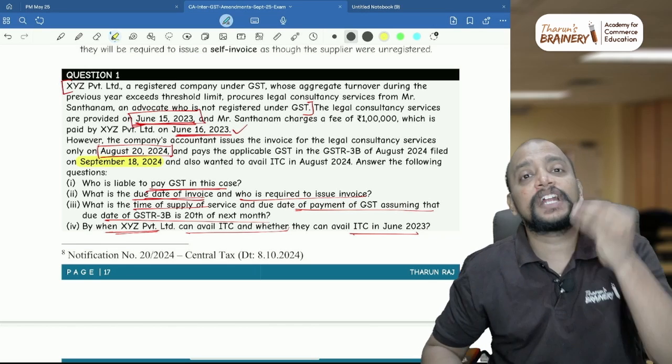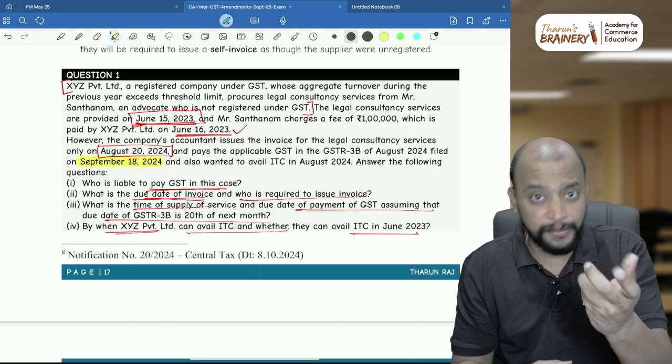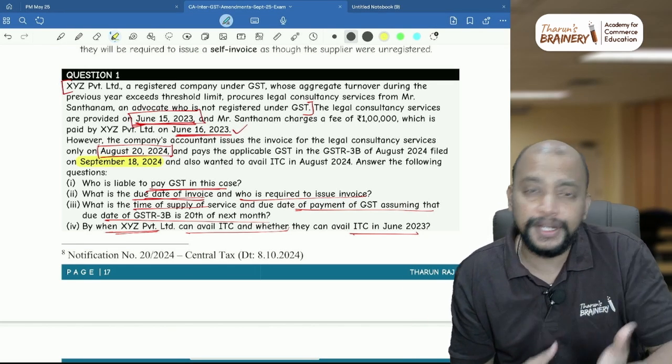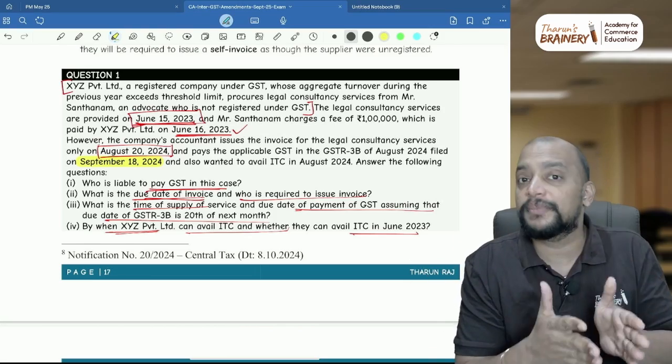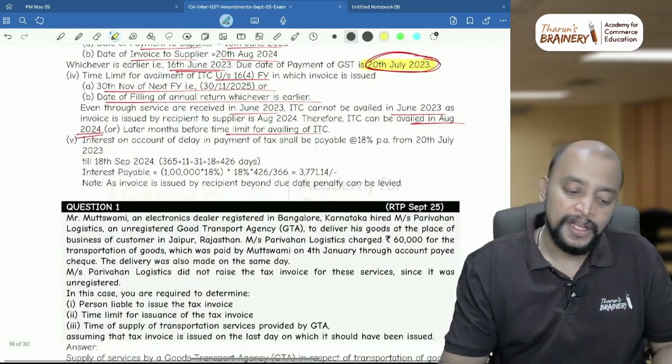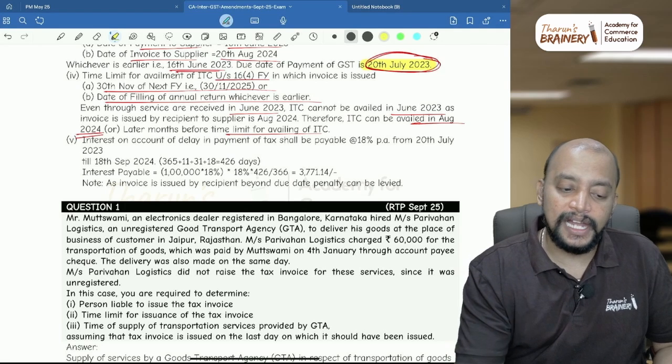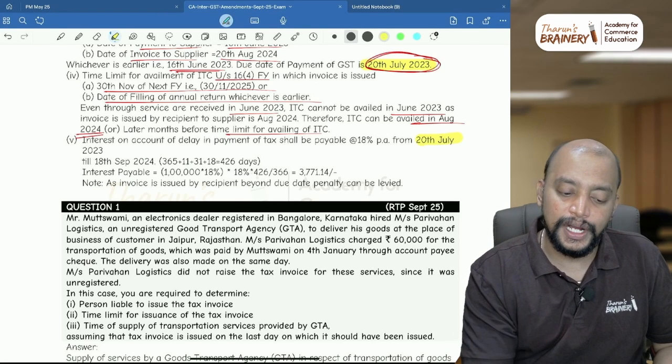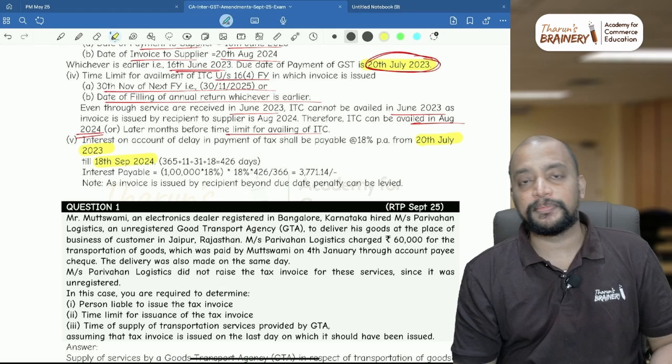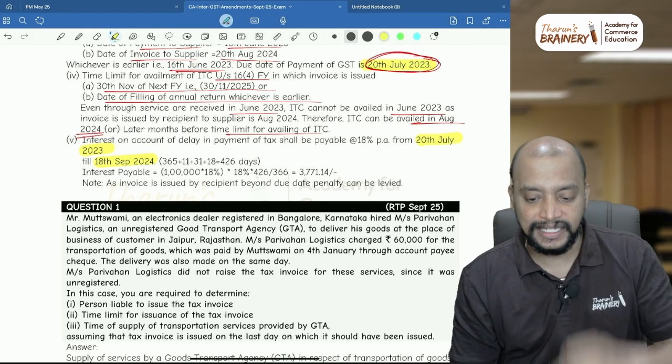Due date of payment of tax is 20th July 2023. What is the actual date of payment of tax? September 18, 2024. So interest will be calculated from 20th July 2023 till 18th September 2024, number of days.